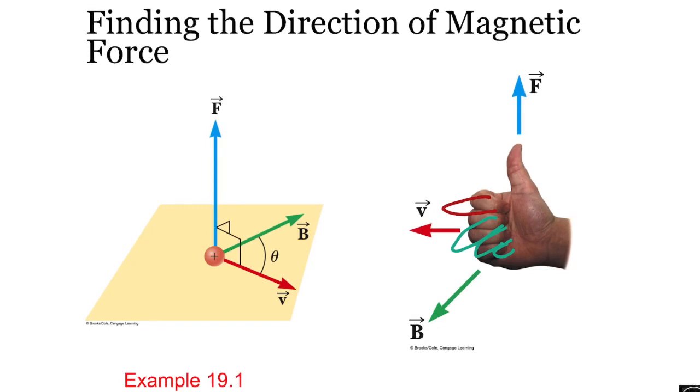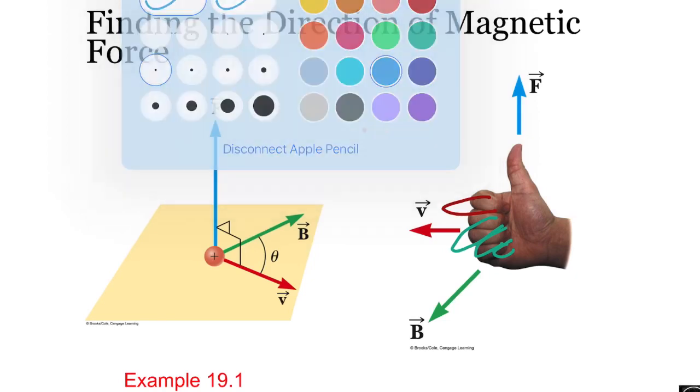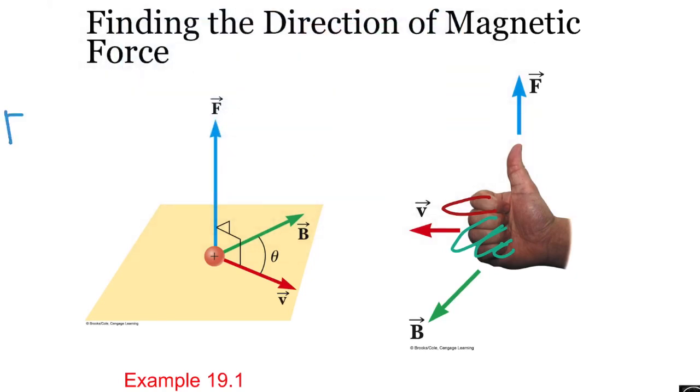So as we recall just now, F is actually a cross product between QV and B, right? So represented by this diagram. V and B within the same plane, the yellow plane here, or page.